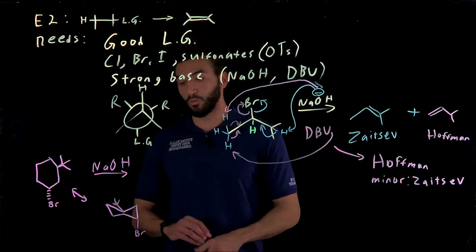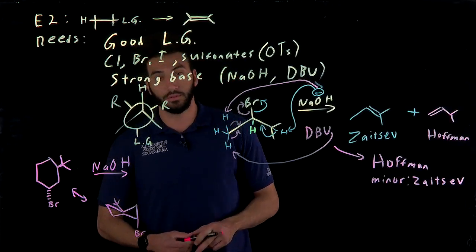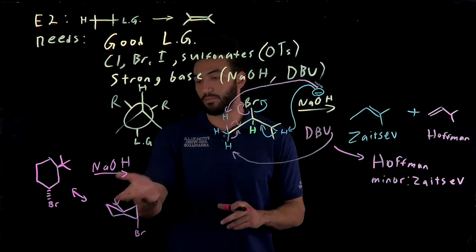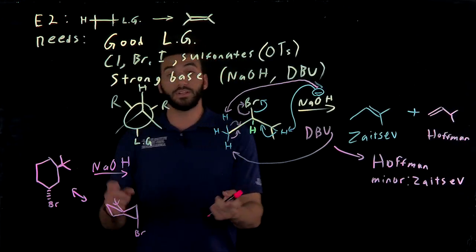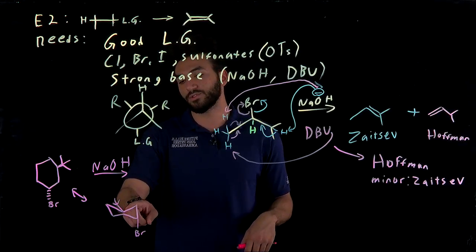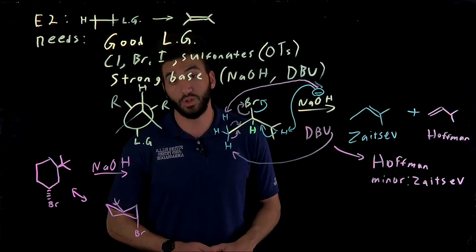Okay? So will this go through an E2 reaction? Yes, it will, because Br is axial, and this is a much more stable conformation. If we did a chair flip, however, this Br will become equatorial, and this tert-butyl group will become axial, and therefore the reaction for E2 will not occur.